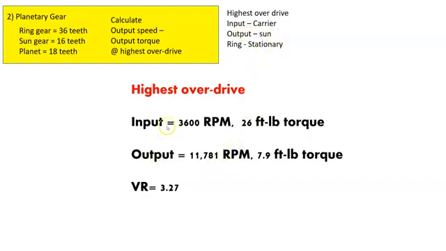We have an input on the carrier at 3,600 RPM, 26 foot-pounds of torque. We'll have an output of 11,781 RPM, and our torque will go down to 7.9, and that'll be our velocity ratio.